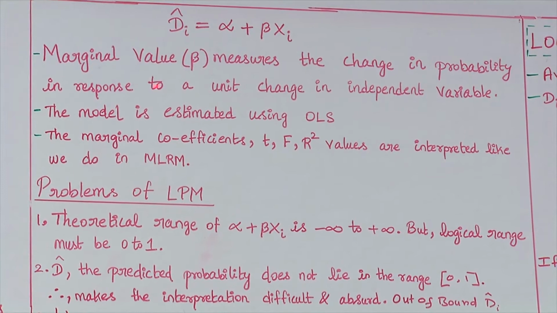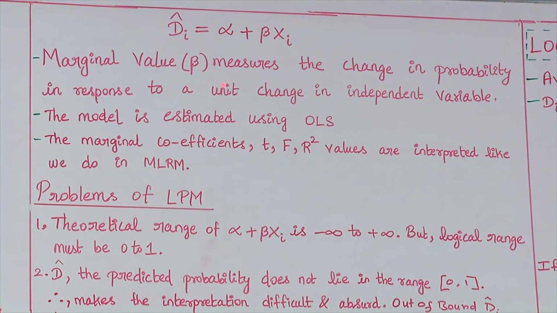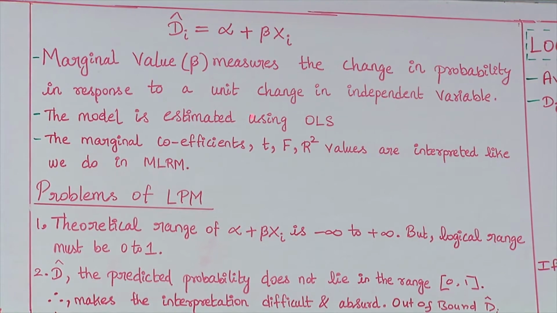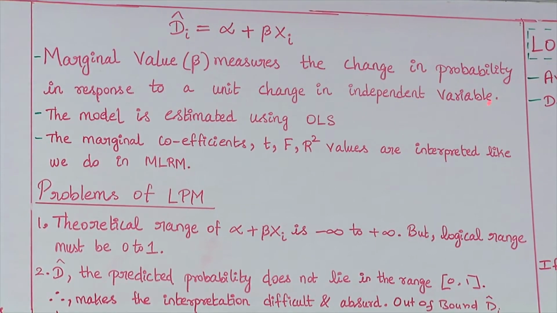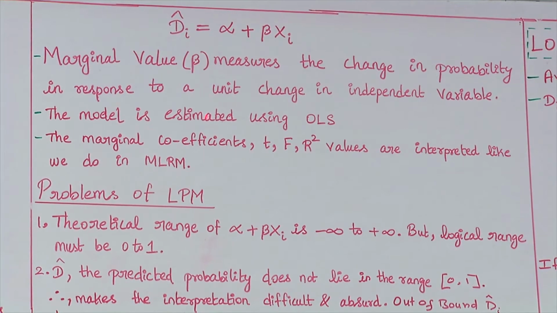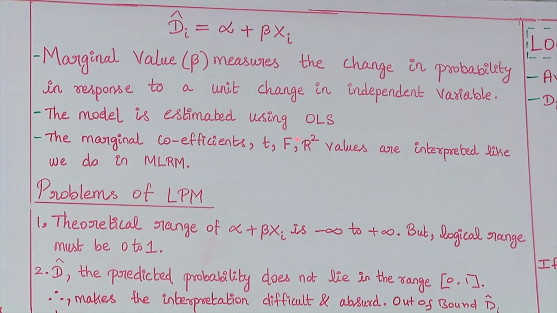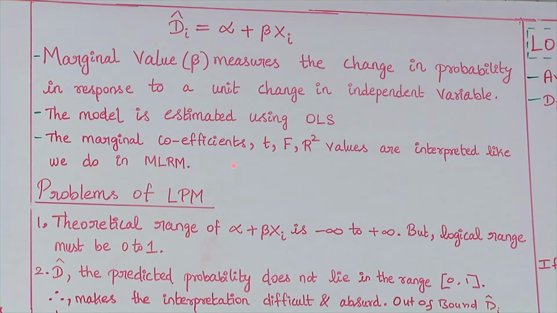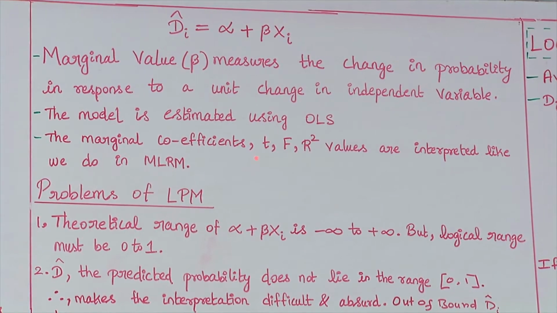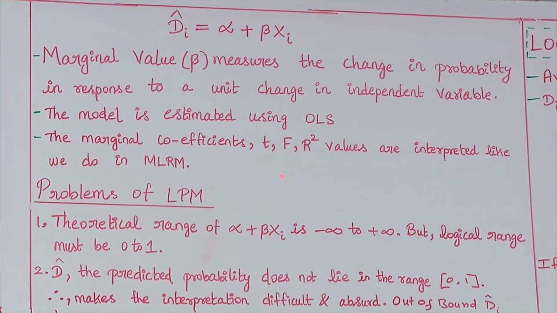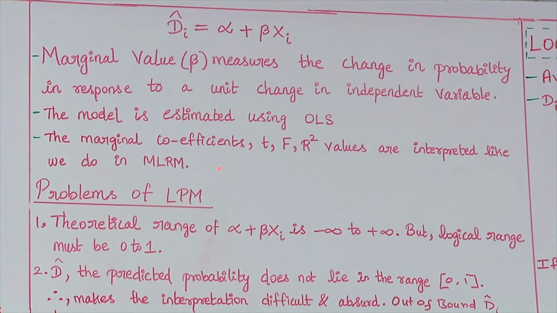The marginal value, that is beta, measures the change in probability in response to a unit change in the independent variable. This model is simply estimated using OLS. The coefficients, t values, F and R square values are interpreted like we do in MLRM or SLRM.